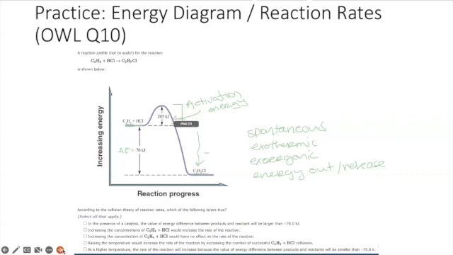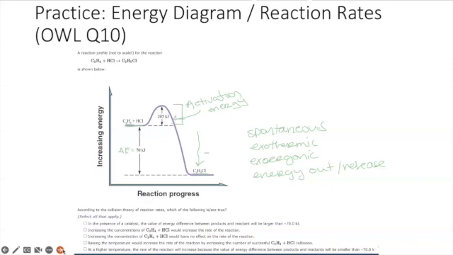All right, so according to collision theory and reaction rates, which of the following are true? Collision theory, I summarized with how we change the reaction rates, and I talked about the gas particles. In the presence of a catalyst, the value of the energy difference between the products and reactants will be larger than negative 70 kilojoules.